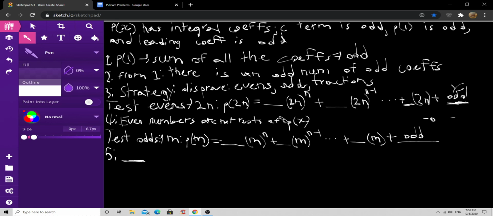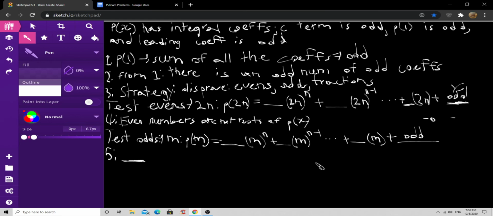So let's see. So from before, there's an odd number of odd coefficients. Okay? So an odd number of odd coefficients. And let's focus on the parity of it, or just the oddness or the evenness of this.